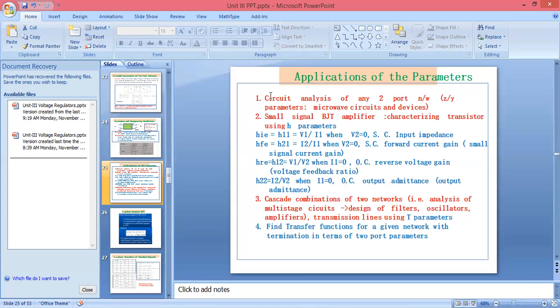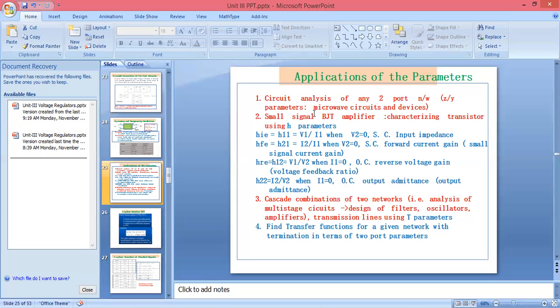Then if we are using a small signal BJT amplifier, at that time also we can make use of hybrid parameters. We have already studied these things in electronic circuits. In the first unit, on the MOSFET, we studied the small signal model.